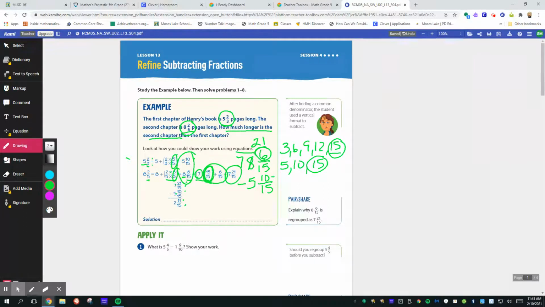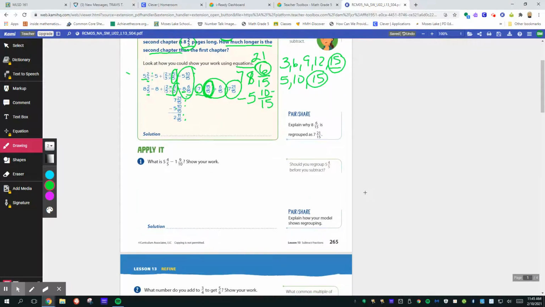So let's take a look at the next one. We have 5 and 4/5 subtract 1 and 9/10. And again, I really like to have these vertically versus horizontally. Now, in this situation, we have a 5 and a 10.